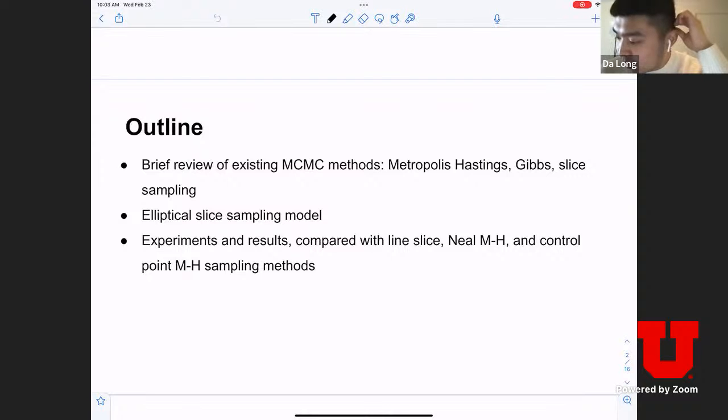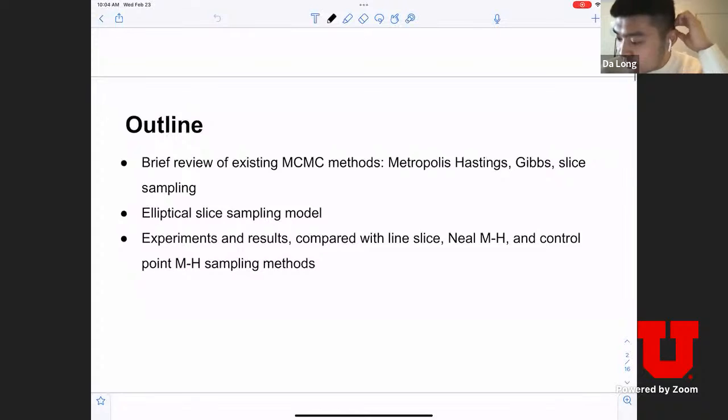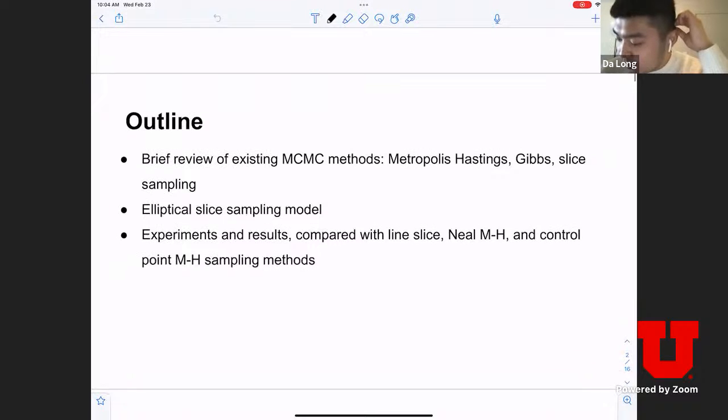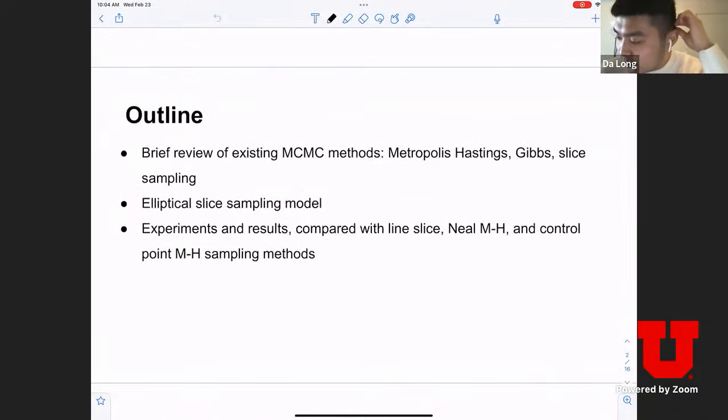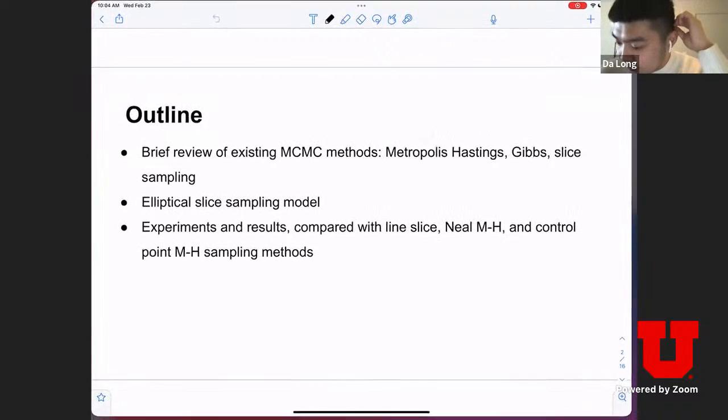They are also very important because this paper's starting point is Metropolis-Hastings, and it also uses the shrinkage trick, which was first introduced in slice sampling.